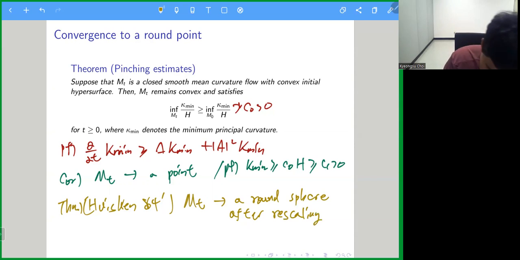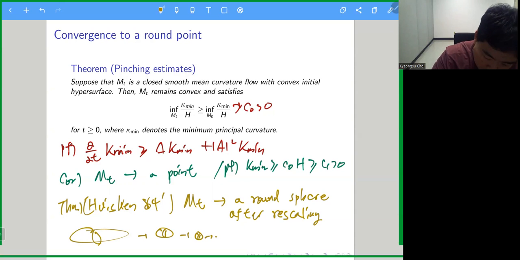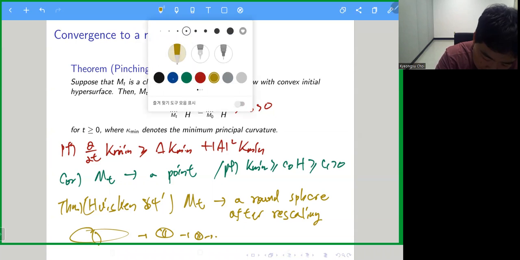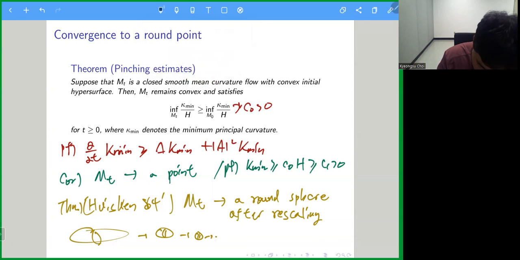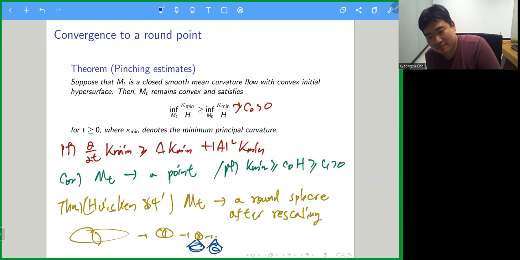So, I mean, even though the initial data looks like an ellipsoid, sure, it still shrinks, but it's getting more round, and converges to a point. I mean, if you rescale the flow, the limit is the exact round sphere.